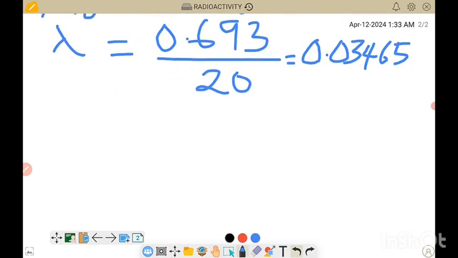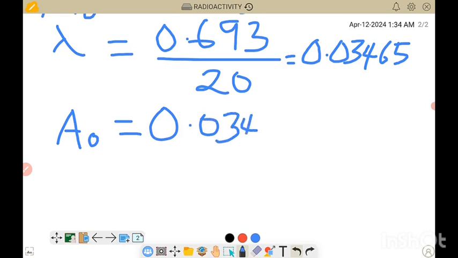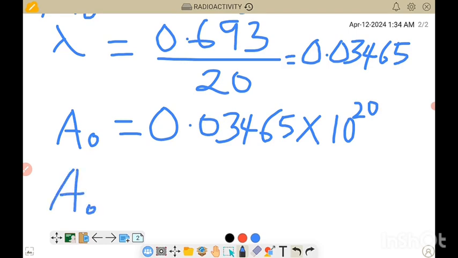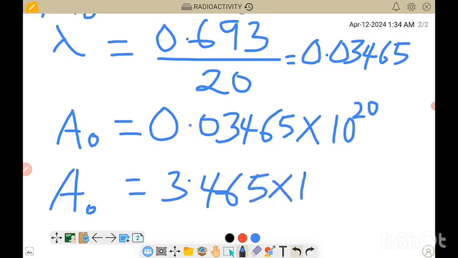Okay, and to substitute this into the formula, we are going to have our A naught to be equal to, remember, A naught equal to lambda N naught, so that will be 0.03465 multiplied by 10 raised to power 20, which means our activities in the first seconds will be equal to 3.465 times 10 raised to power 18.